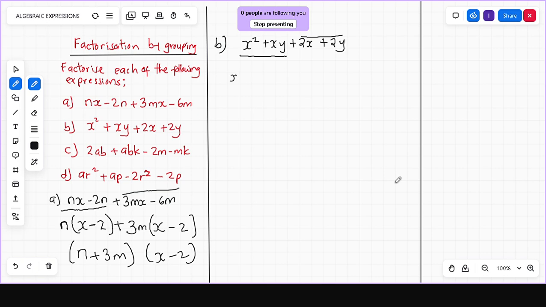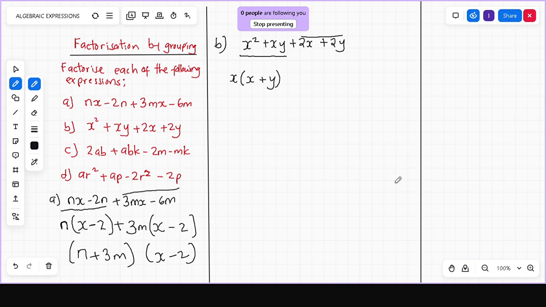Have x outside the bracket, open a bracket. We've got 2 x's here, x power 2, so when we take one x outside the bracket, we are left with only one x. Then plus, the positive sign is retained. In xy, x is taken outside the bracket, so we are left with y alone. It's going to be x plus y. That is the first part.